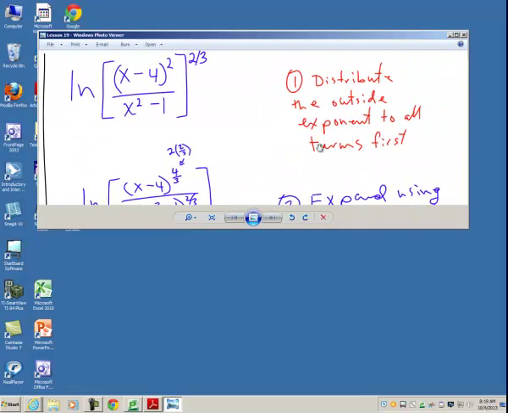And here we have natural log this time. And then we got brackets x minus 4 parentheses squared over x squared minus 1, and this is to the 2/3 power. Now there's different ways that you can do this. One way, which I like, is to go ahead and distribute that exponent inside.